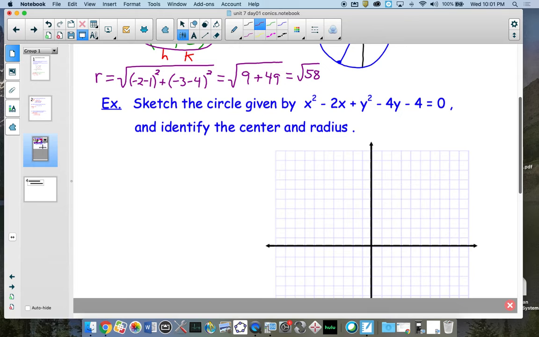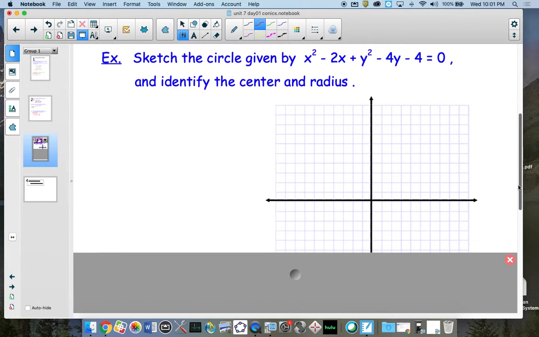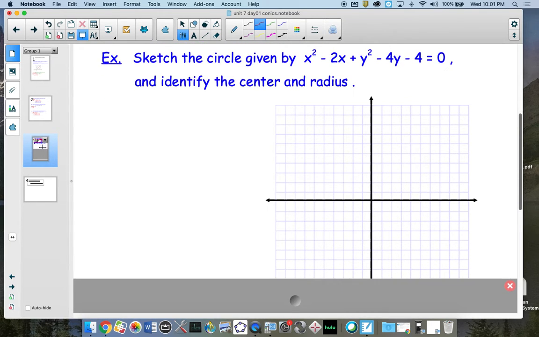Alright. Quite often you're going to see problems like this where they give you the equation of the circle, but it's not in standard form. So what we need to do is put it in standard form so we can pick out what's h, what's k, and what's r. Alright, so we've done some of this already this year.